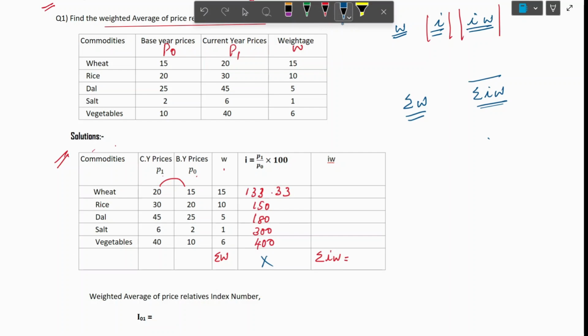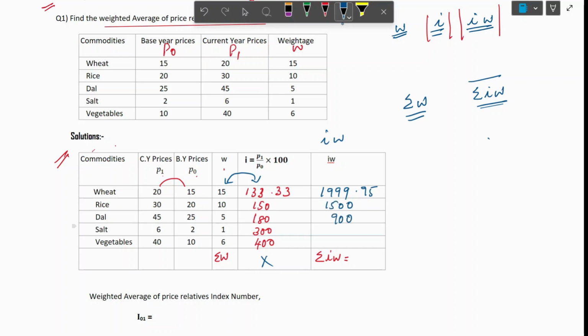That is for the simple average of price relative method. Okay, next you want to multiply I and W. Carefully multiply these two columns, that means multiply each I with its corresponding weight W. That is 1999.95. Next 1500. Next 900.